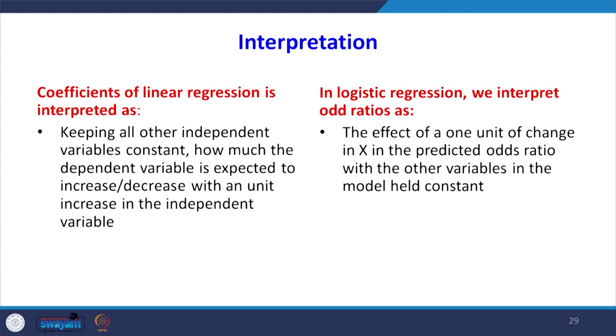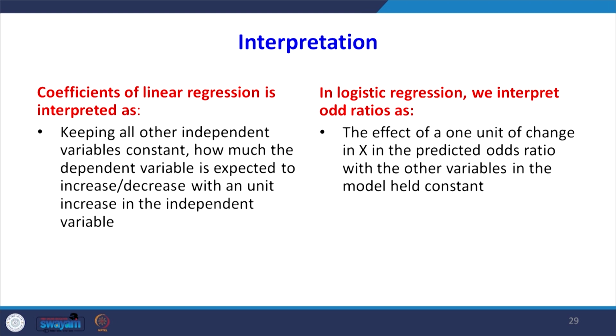Another difference between logistic and linear regression is the way we interpret the coefficient. This is a very important difference. In linear regression, keeping all other independent variables constant, we ask how much the dependent variable is expected to increase or decrease with a unit increase in the independent variable.